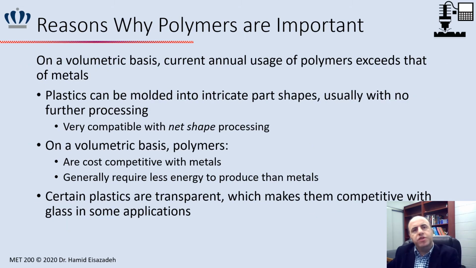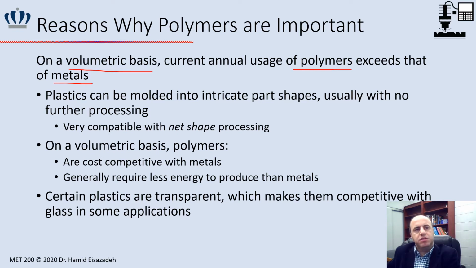Here are some of the main reasons for using plastics or polymers in industry. First, if we look at the use of polymers on a volumetric basis, we are using polymers more than metal.